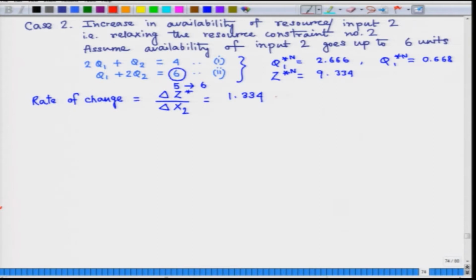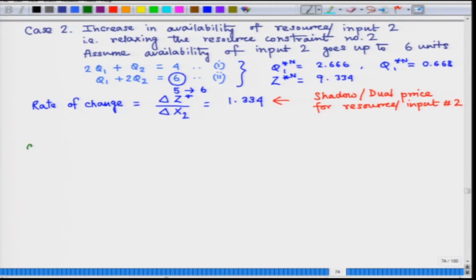So, here this is the shadow or dual price for resource or input number 2.